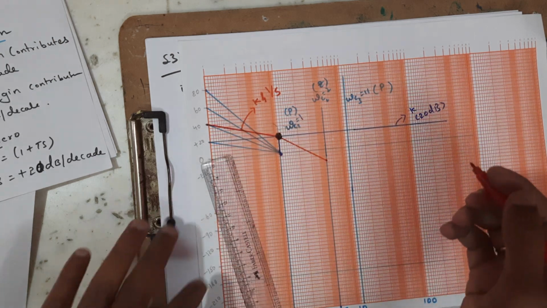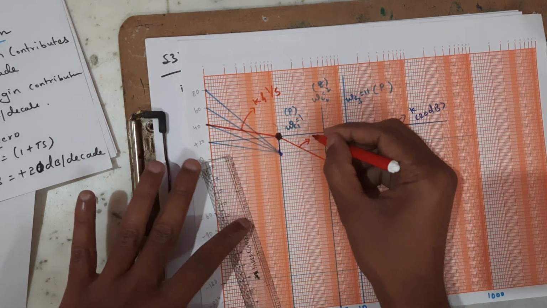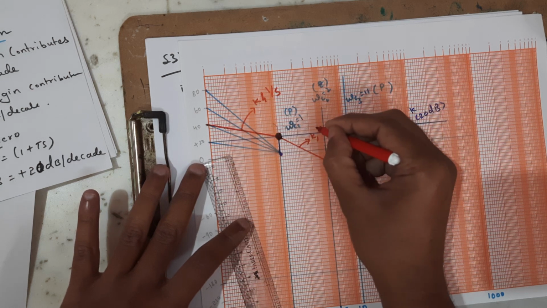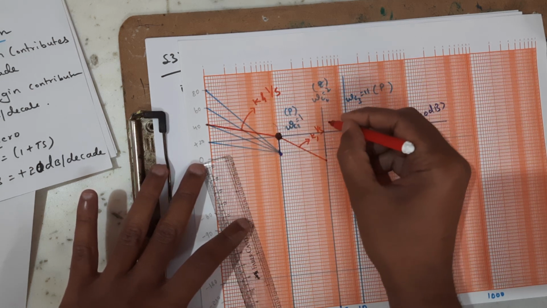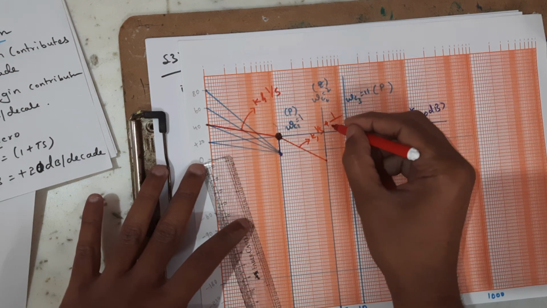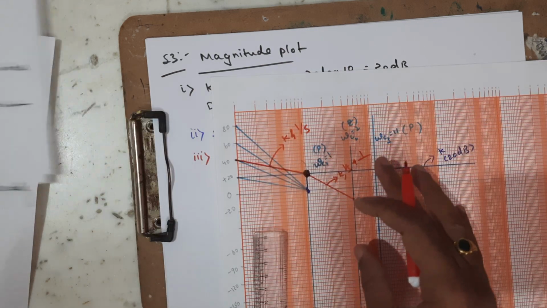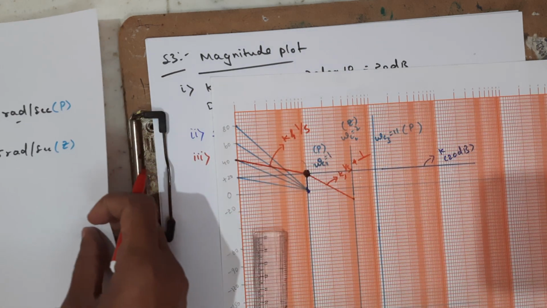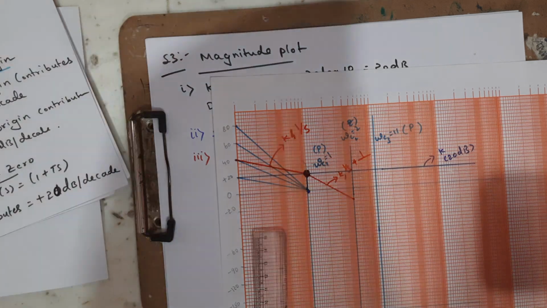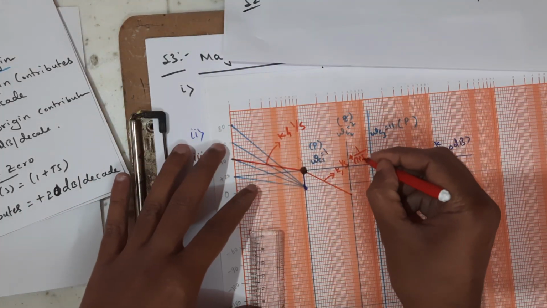This line is due to K, 1 by s and 1 by 1 plus s.